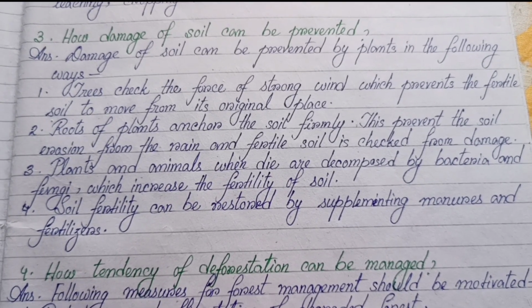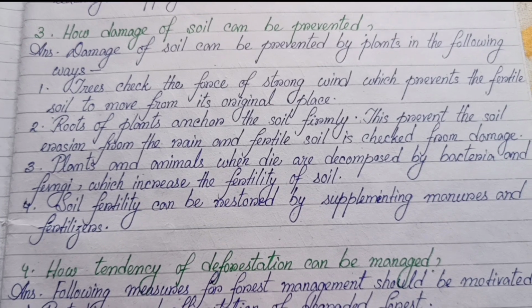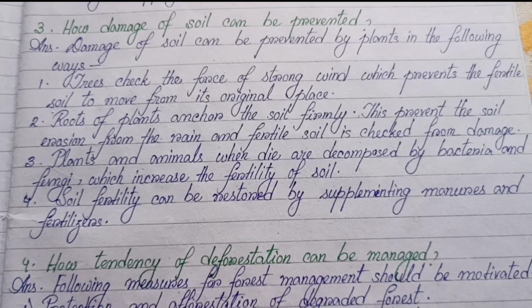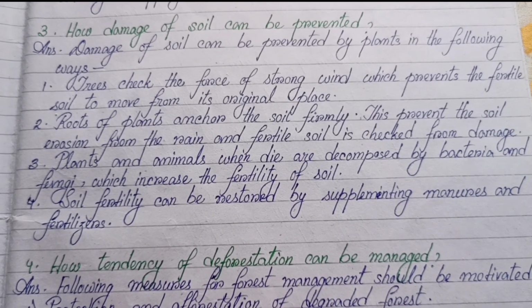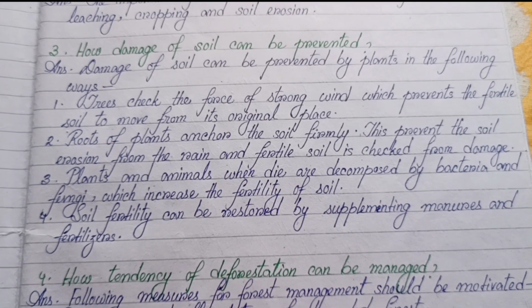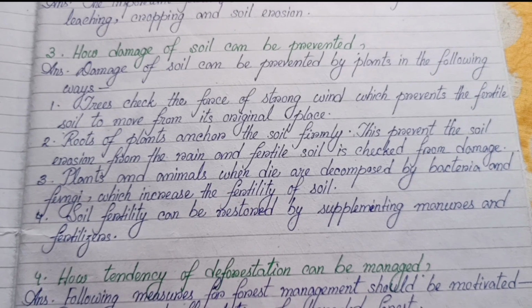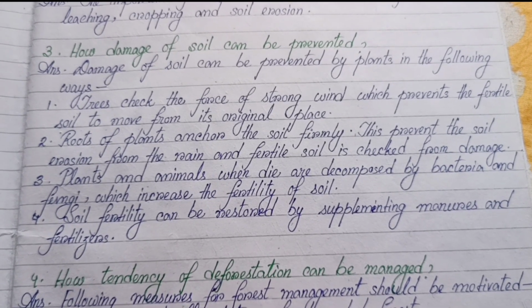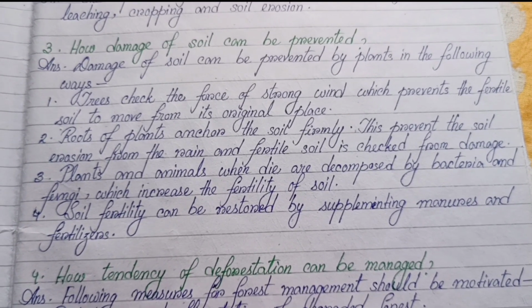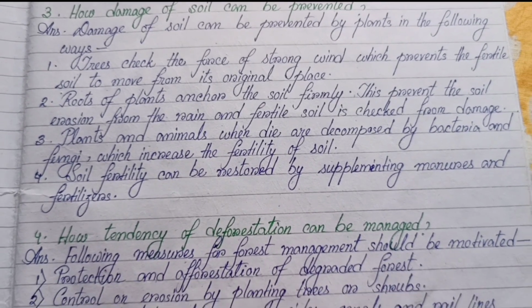This prevents soil erosion from the rain and fertile soil is checked from damage. Number 3, plants and animals when they die are decomposed by bacteria and fungi, which increase the fertility of soil. Number 4, soil fertility can be restored by supplementing manures and fertilizers.